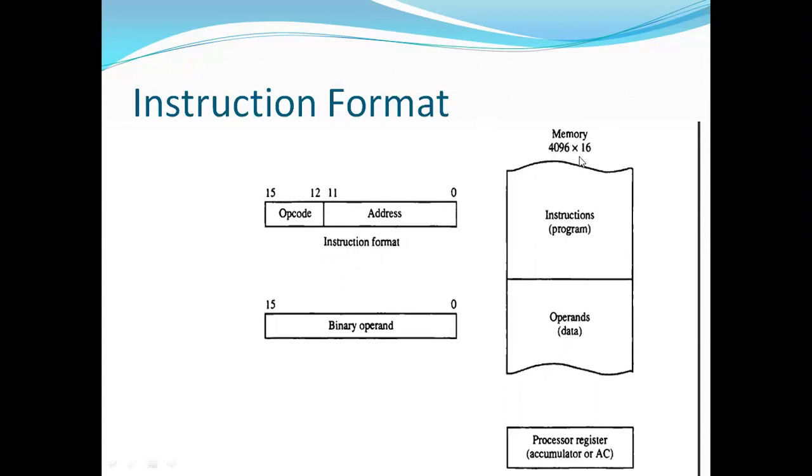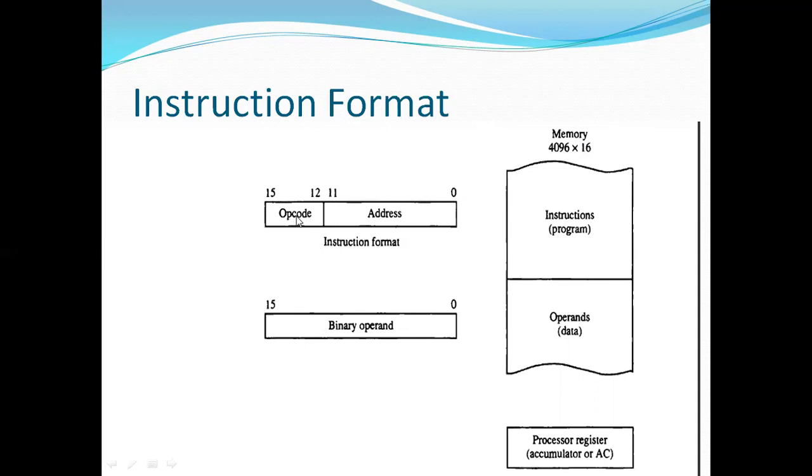For this memory configuration, how the instruction format will be divided and what basic registers we need, we will discuss today. See here, for 4096 into 16, this is the instruction format, from 0 to 15 bits. That means a total of 16 bits, because the instruction word length is 16. Here it is divided into two parts.